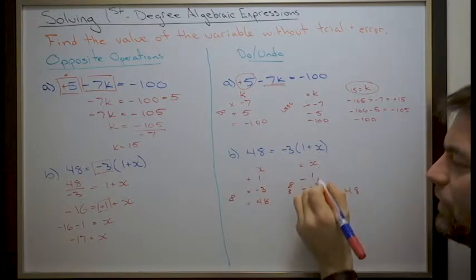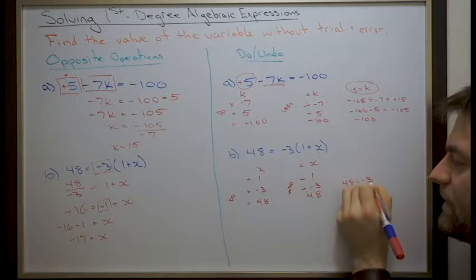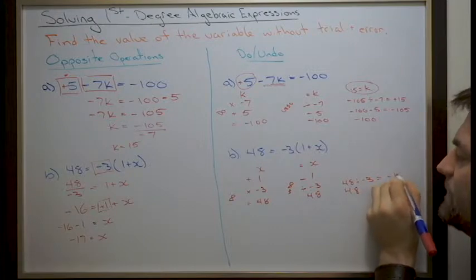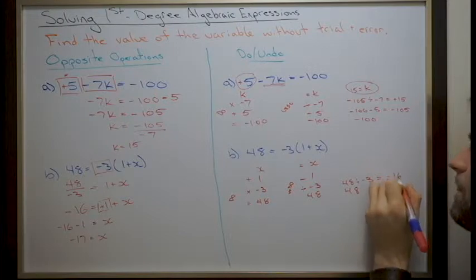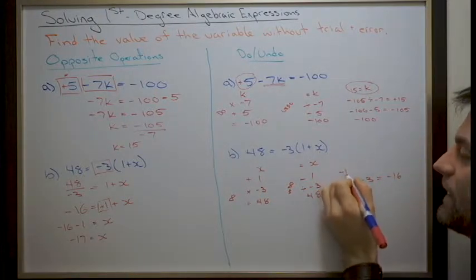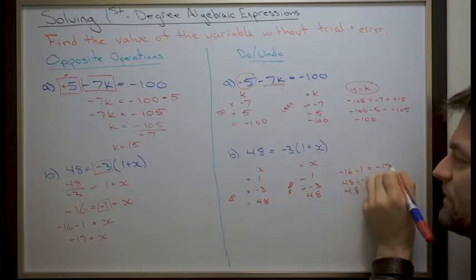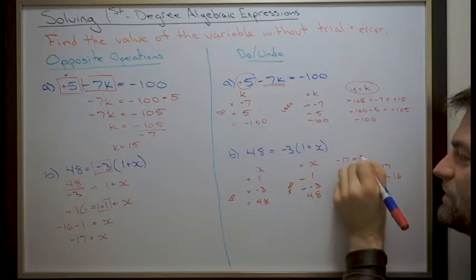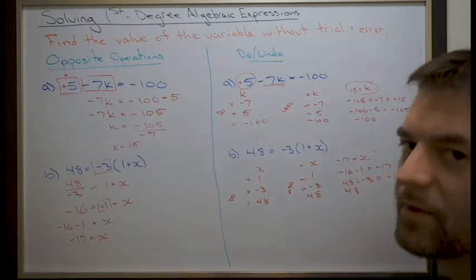We're going to do 48 divided by negative 3, which is going to give us negative 16. And then with our negative 16, we're going to subtract 1 from that. That's going to give us negative 17. And that negative 17 is what equals the x. And again, same answer on the other side.